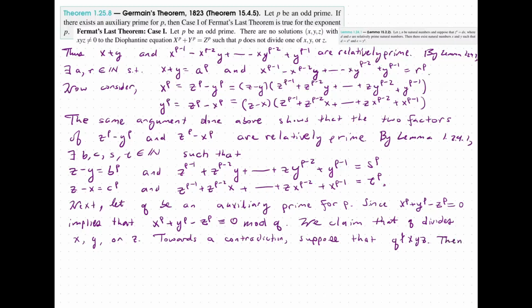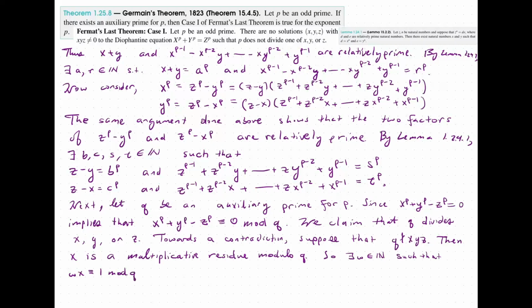So then x is a multiplicative residue modulo q. So there exists some natural number w such that if we take w times x, we get back that this is congruent to 1 mod q.